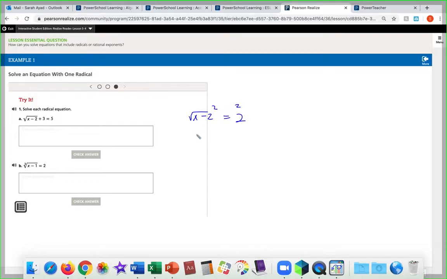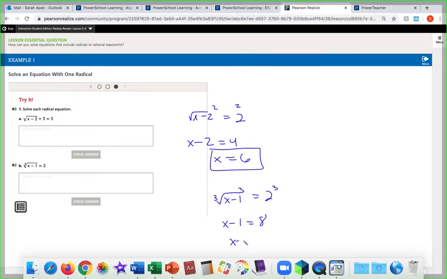I'm then going to square both sides, and I get x equals 6. I check my work, and it works. For the next one, I see here the radicals are already isolated, like everything is inside of the cube root, so I could just cube both sides. I get x equals 9. I check my answer, and it works. Done.